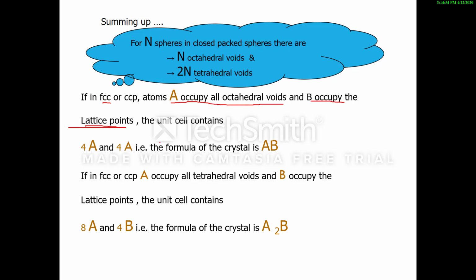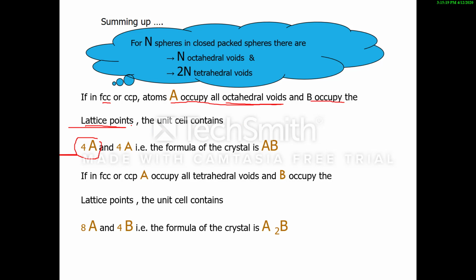So what is the formula of the compound? A particles are present at the octahedral voids, clear, and as we know in one unit cell there are 4 octahedral voids. So the number of A atoms is 4 and B occupy the lattice points.